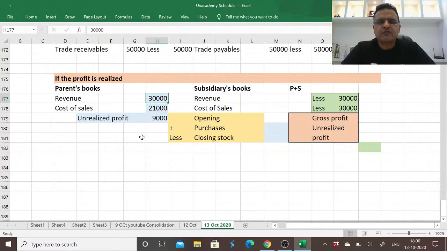Goods worth 21,000 sold for 30,000. They were part of purchases, opening less closing stock. They became part of cost of sales as well. And they were sold for say 42,000.